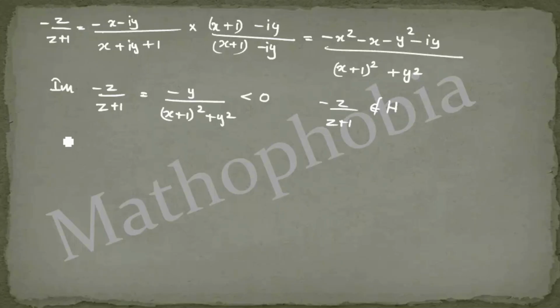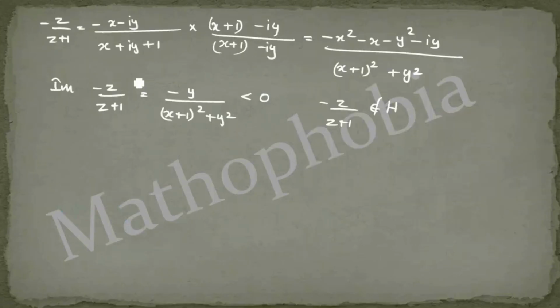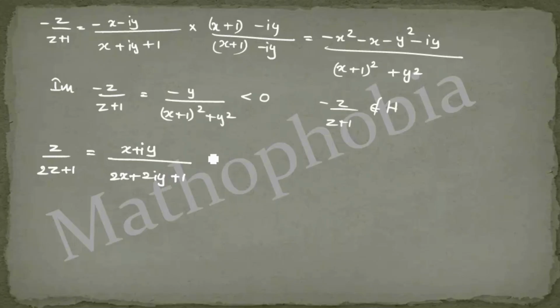Next fourth option பார்க்கலாம். Fourth option is z by 2z plus 1. So z by 2z plus 1 is equal to x plus iy by 2x plus 2iy plus 1. இதுக்கு conjugate multiply பண்ணிக்கலாம். 2x plus 1 minus 2iy by 2x plus 1 minus 2iy.